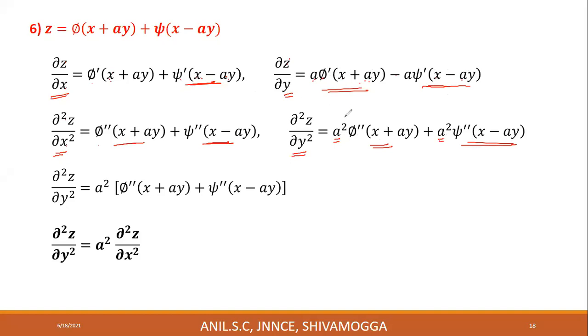And here a square is common in both the terms. You take a square as common factor. Del square z divided by del y square is equal to a square into, what we get within the brackets is phi double dash x plus ay plus psi double dash x minus ay. Therefore, del square z divided by del y square is equal to a square into phi double dash x plus ay plus psi double dash x minus ay, which is del square z divided by del x square.